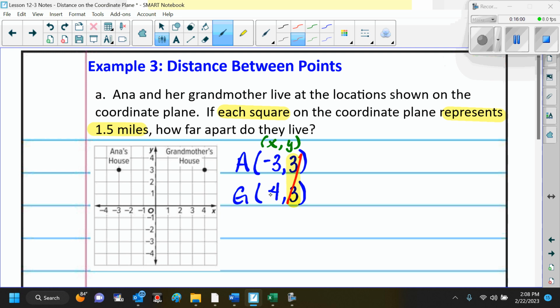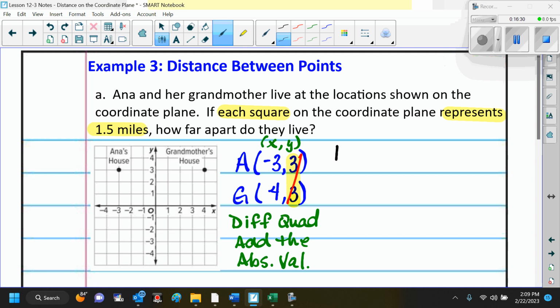Now, are we in the same quadrant or are we in different quadrants? If you look here, we're in different quadrants. So that means because we're in different quadrants, we're going to add the absolute values. So here's our calculations.